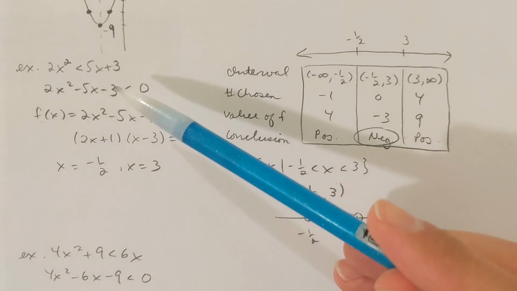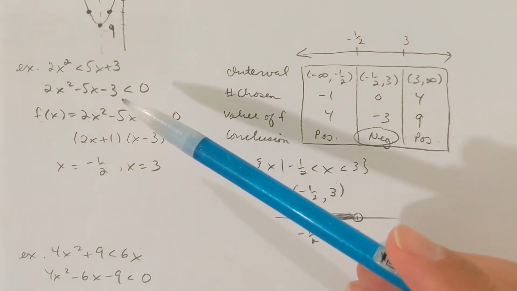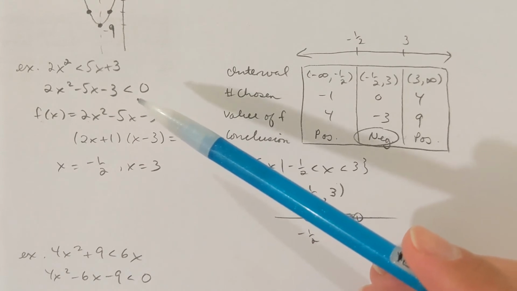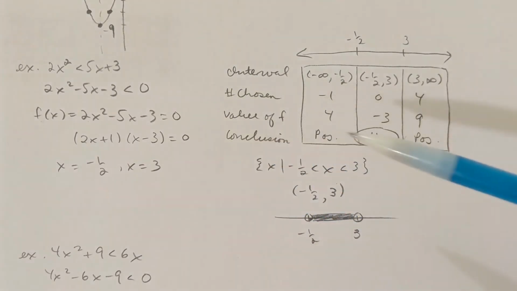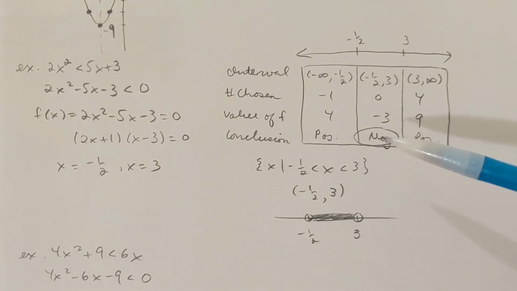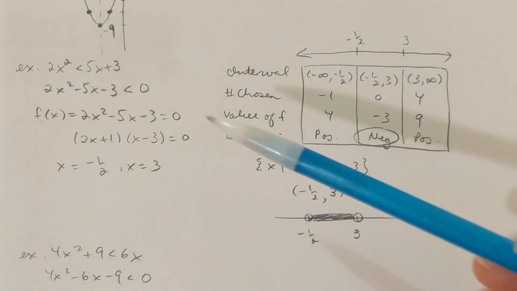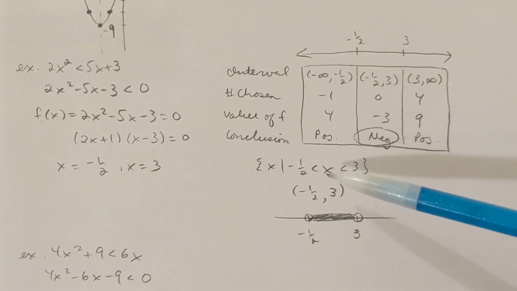Okay, now in the question, I'm asked, where is the function less than 0? Okay, well, numbers that are less than 0 are negative numbers. So I need the negative interval to be represented because that's what's giving me a positive result, positive meaning true result.